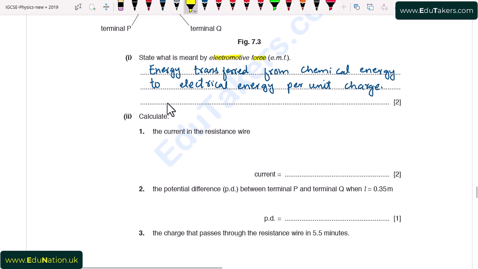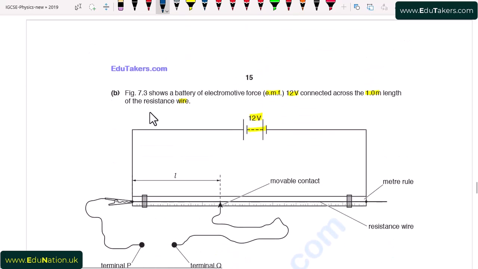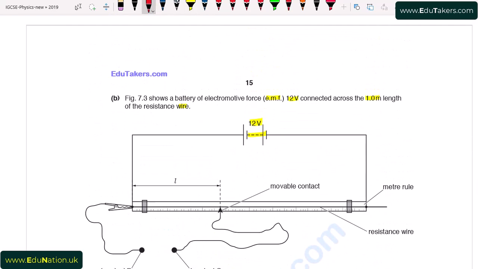Part 2. Calculate the current in the resistance wire. Here we have to find out the value of current. And we also know the value of resistance, that is 7.6 ohms, and the potential difference, that is EMF here. In this case, it is also given 12 volt. By using Ohm's law, we can easily find out the value of current.